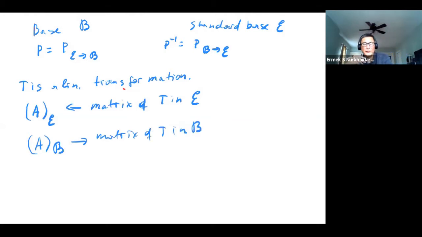So we can write down the linear transformation in two different bases, base E and base B. Then the connection between these two is going to be the following.